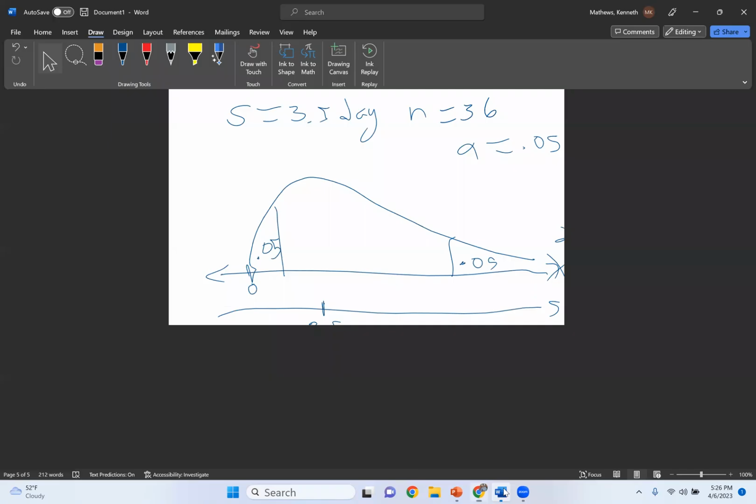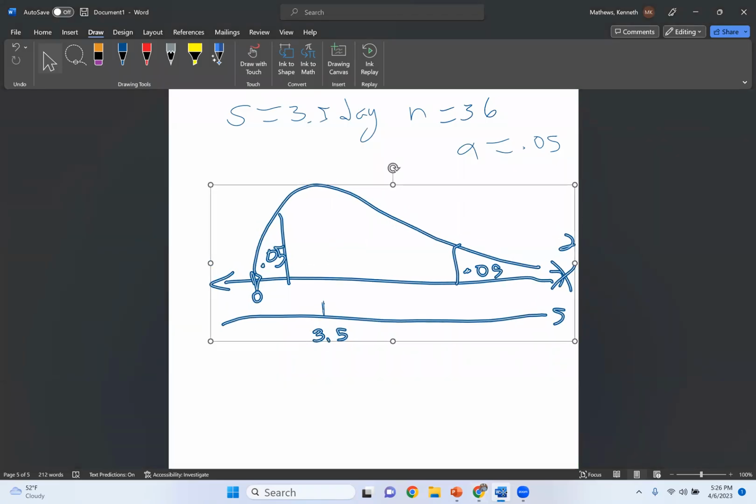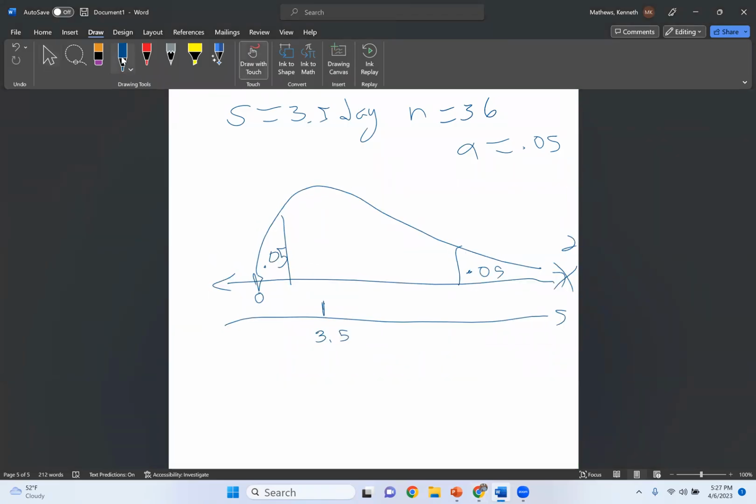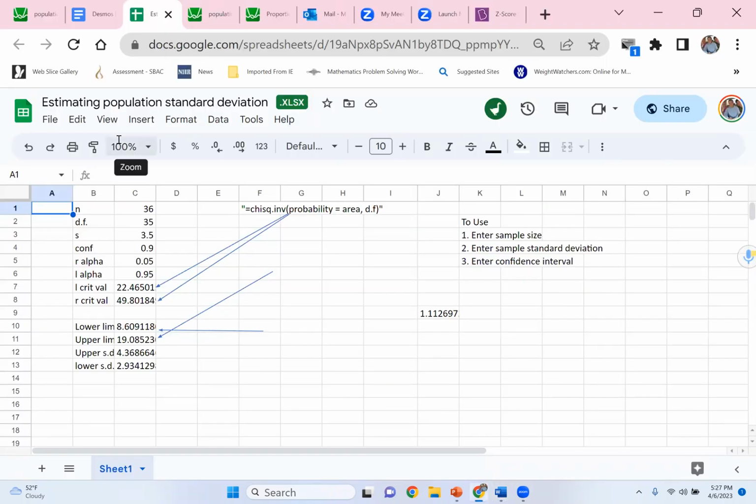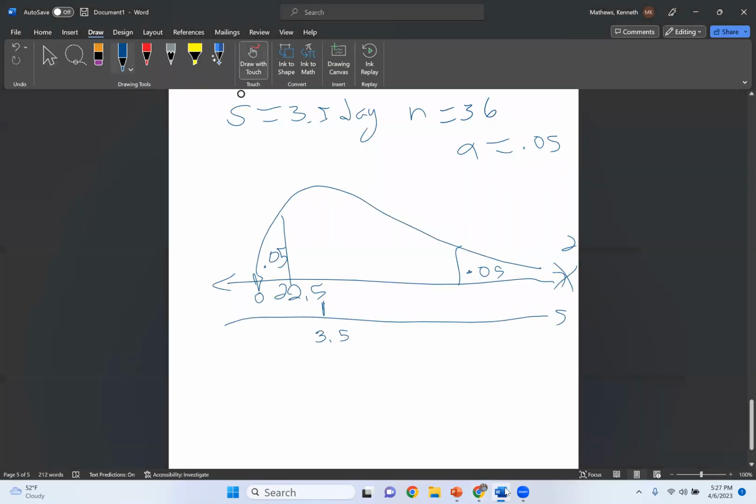So our critical values are 22.5 and 49.8. Let's put that in. So this would be 22.5. And on the other side, we have 49.8. So now we need to get the corresponding lower and upper values that correspond to 22.5 and 49.8.